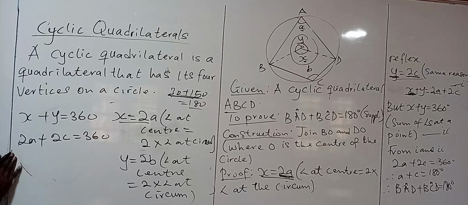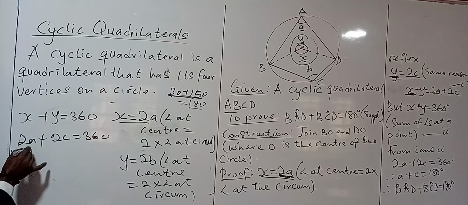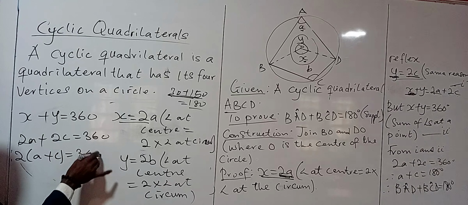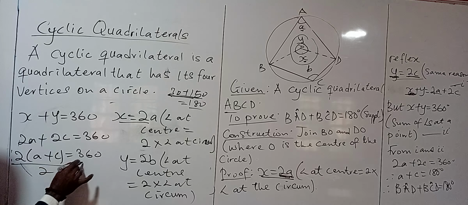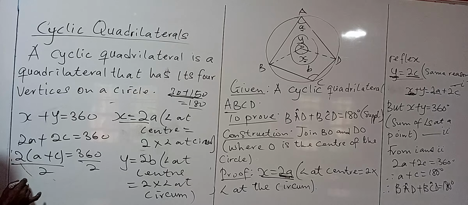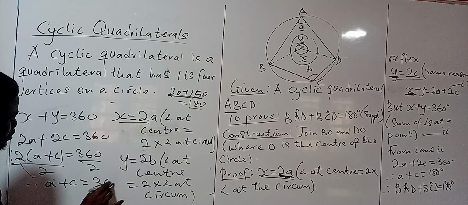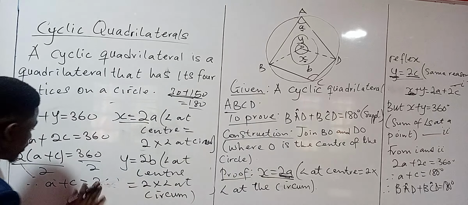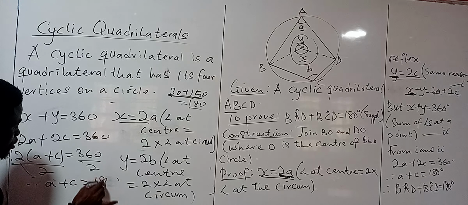So what do you do? What is common? We have 2 bracket a plus c equal to 360 degrees. After that, you divide both sides by 2. Therefore, we have a plus c to be 180 degrees.